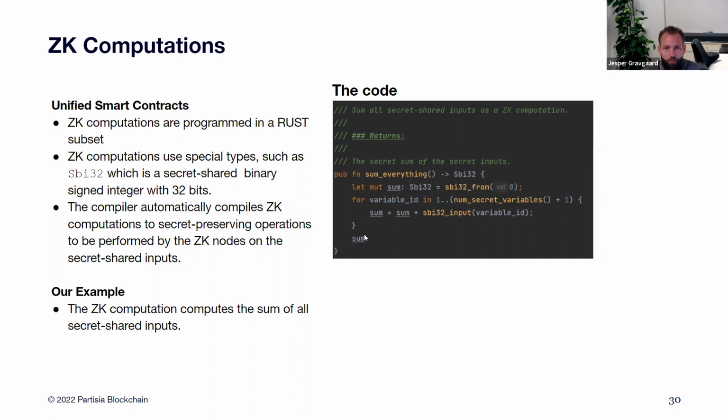Here it looks super simple. You just iterate over all of them and return the sum. But what actually happens under the hood is that the secrets are being added up in a way that the nodes don't even know what the numbers they're creating are. They don't know the inputs, they don't know the outputs.